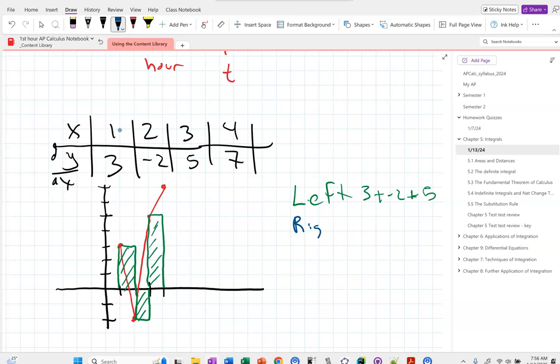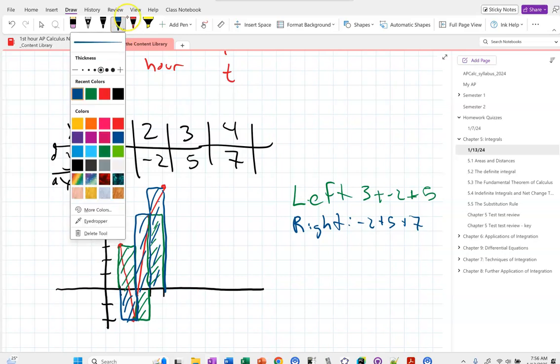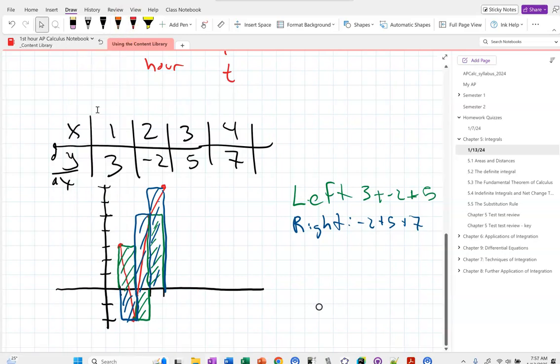If I did this with a right Riemann sum, I'm going to use the right-hand values as my heights. So that would be -2 plus 5 plus 7. Or you could do a midpoint, where you take the average of the two.